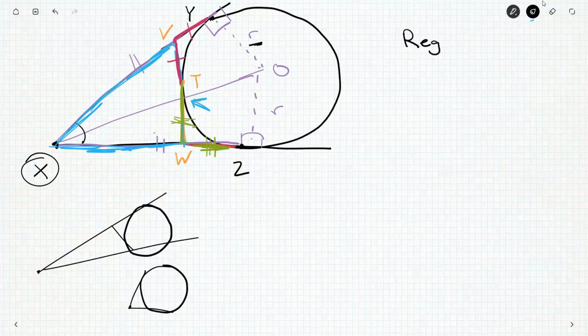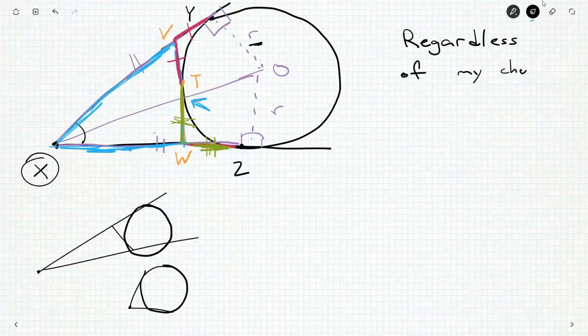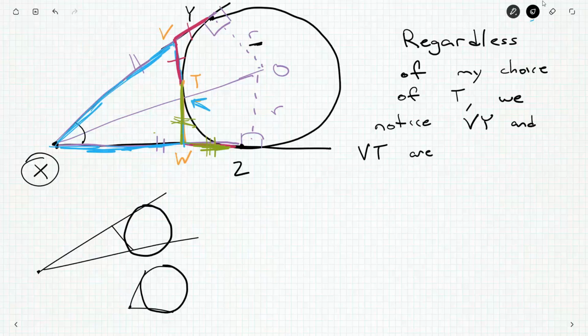I might start, because we have to write this up. So I might say something like, regardless of my choice of t, we notice vy and vt are tangent to the circle.